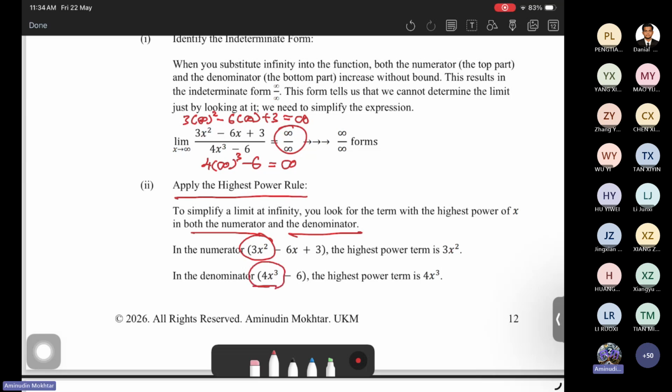Because at the first place, we get the form infinity over infinity. So how to solve this problem? We just choose the highest powers in numerator and denominator. For the numerator, the highest power is 3x squared. For the denominator, the bottom part of the equation, the highest power is 4x to the power of 3.